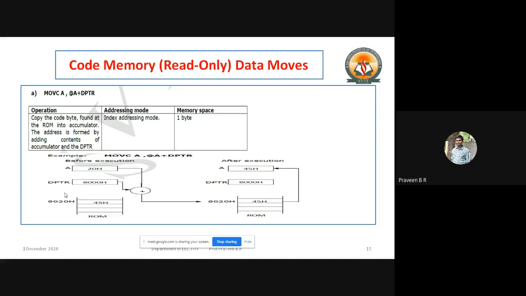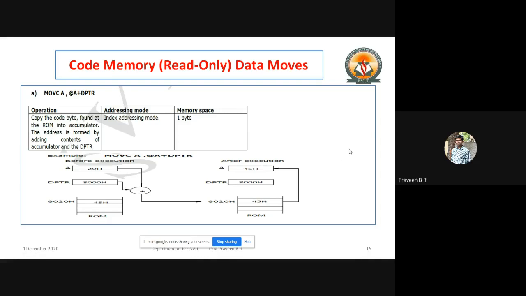Let me say my data pointer is pointing towards 8000 H memory location. The data present in the accumulator is 20. So 8000 plus 20 is 8020. So your data pointer will be pointing towards 8020. The data present in 8020 is 45H, which will be transferred to the accumulator. So this type of instructions are called code memory data moves.